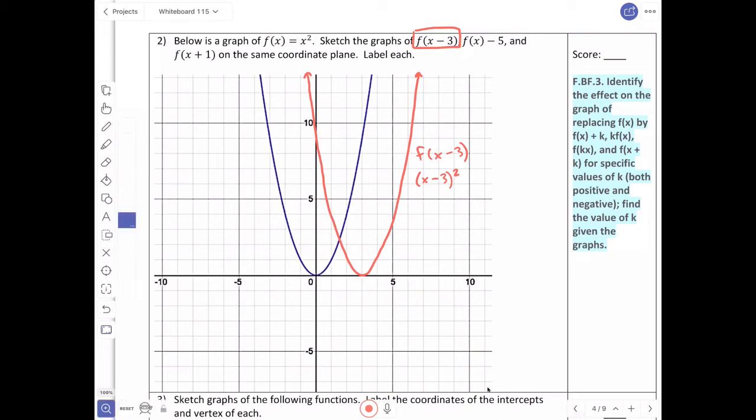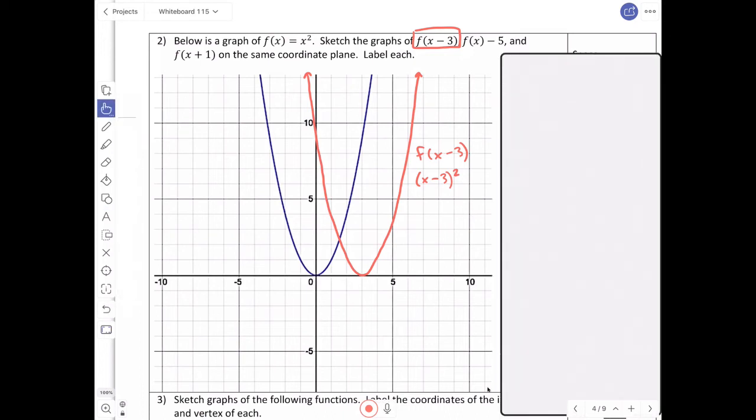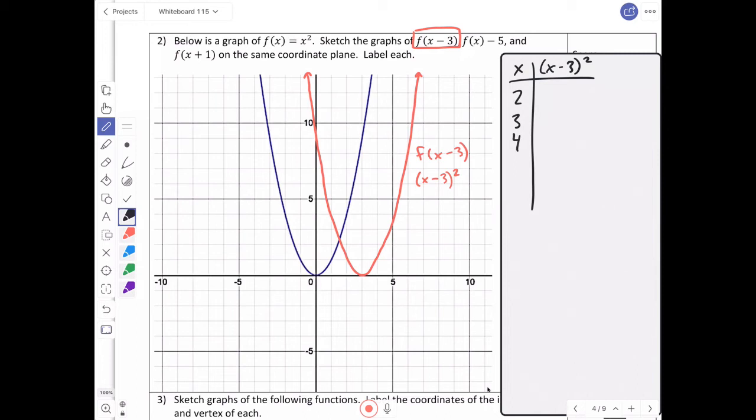And if we were able to, let's make some more workspace, make a table on x minus 3 squared, we could see, let's just check out 2, 3, and 4. It would be 1, 0, 1. So that's this point, and this point, all just to the right.